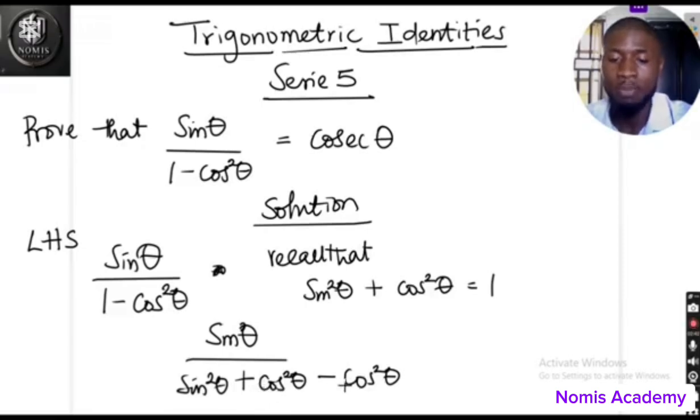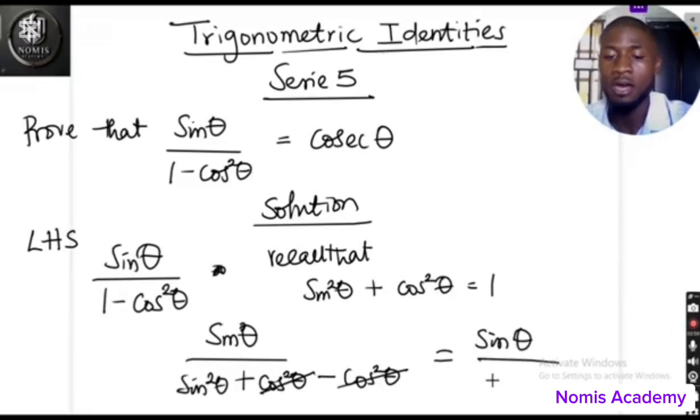If I subtract cos squared theta from cos squared theta, I will be left with 0. So this cancels this, and now I have sine theta all over sine squared theta.